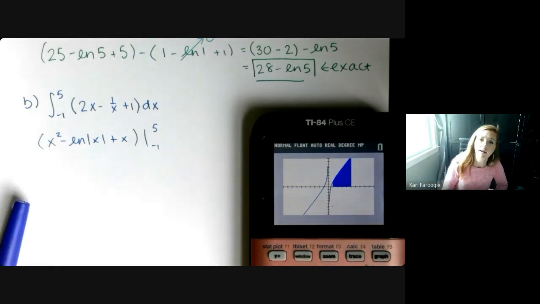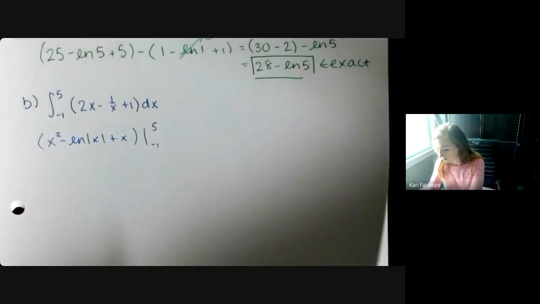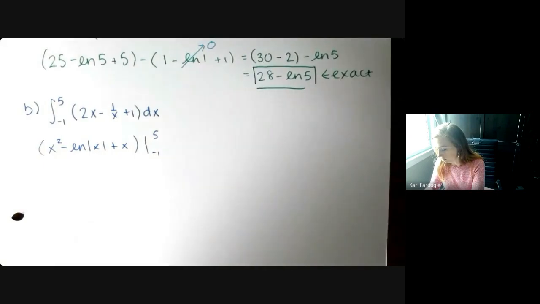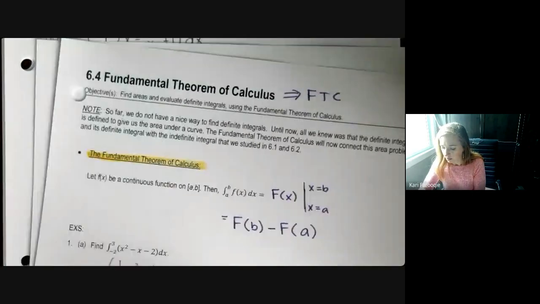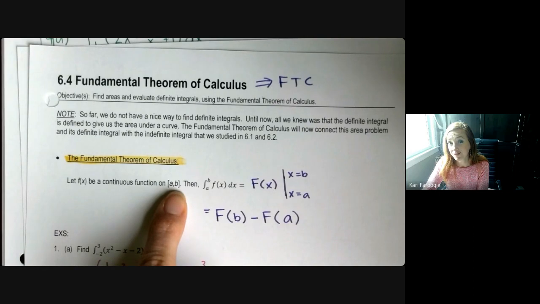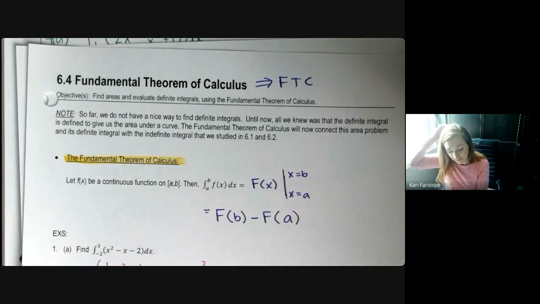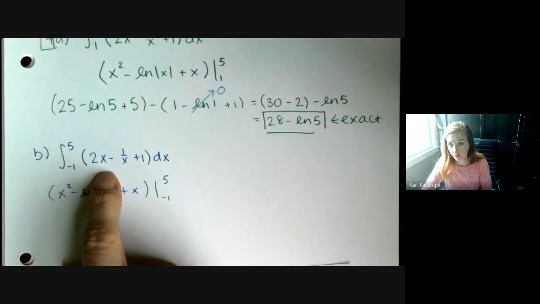You can't do that with our definition of the FTC. Notice that when I gave you this definition back on the first page, let f of x be a continuous function on the closed interval from a to b. This function is not continuous at 0.